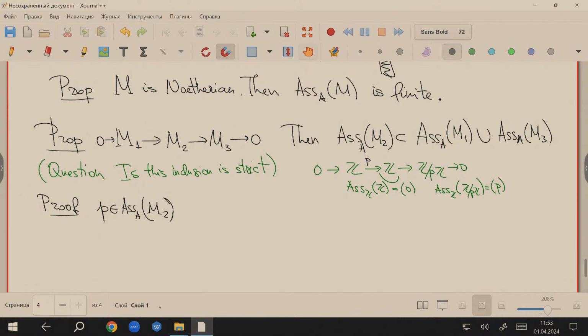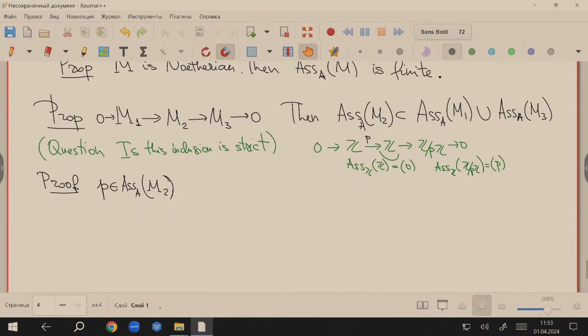So assume that you have the following: you have an inclusion of A mod P inside M2.